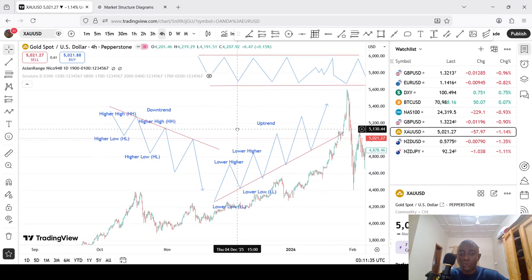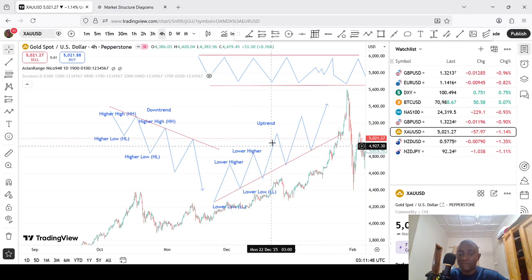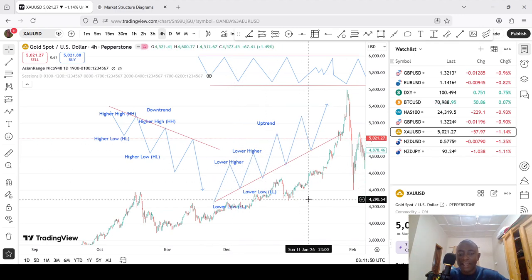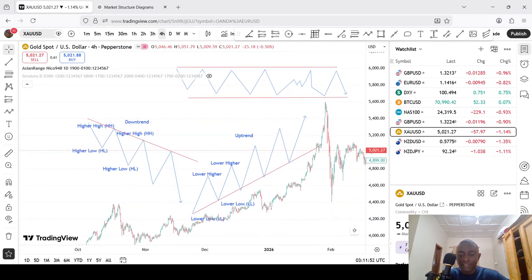In our next video, I'm going to introduce the code names that we give when price breaks these levels. I hope this video helps you get a grasp of this concept.